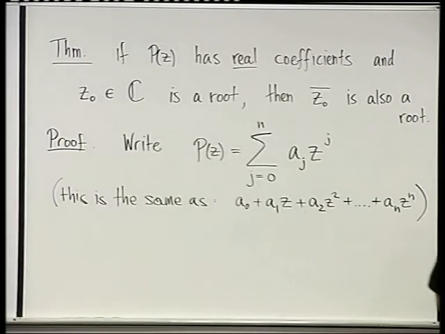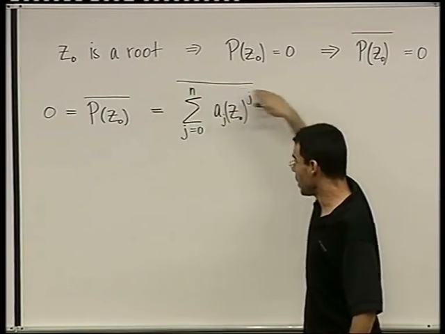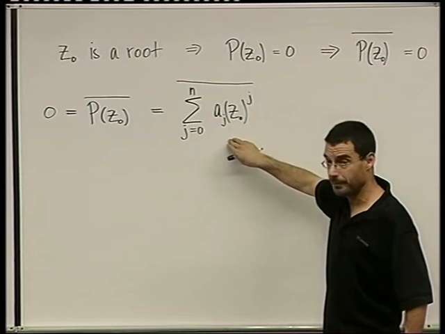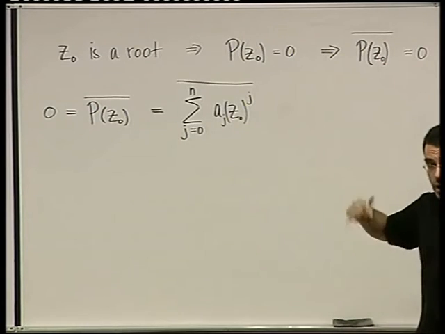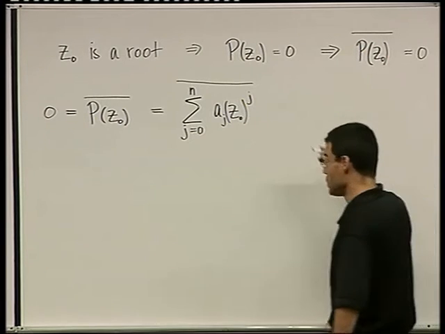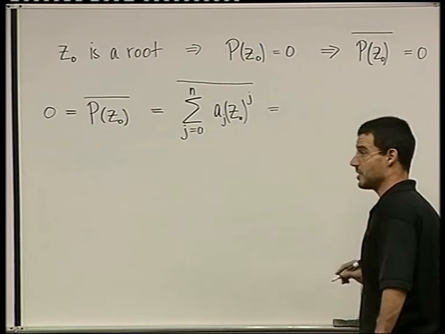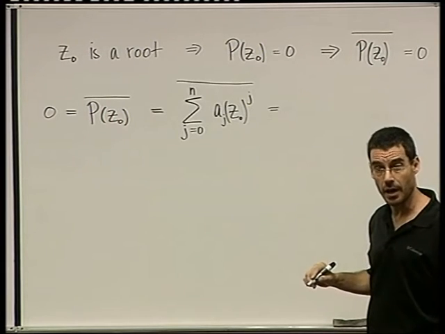So this is what we get. Now this is a sum. This is a bar, the complex conjugate of a sum. We know that the complex conjugate of a sum is the same as the sum of the complex conjugates. This is one of the properties of the complex conjugate that we had written last time when we discussed complex numbers.